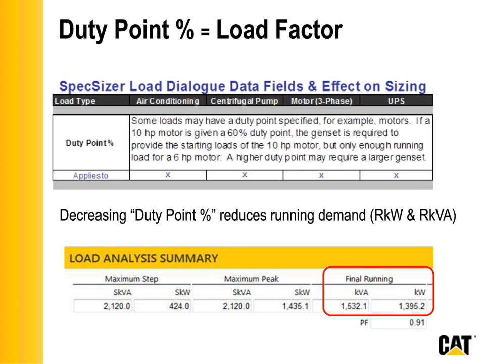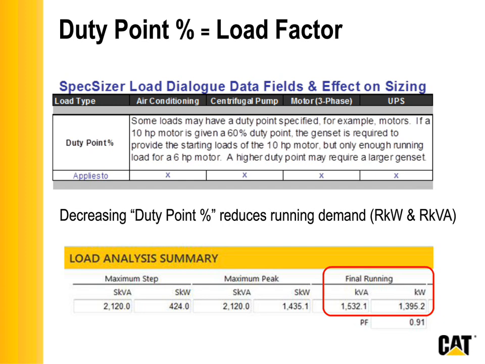What we're going to be talking a lot about today is what you, as the user with SpecSizer, can do to optimize your genset sizing. There are different sizing parameters that are associated with your loads, different calculated values.